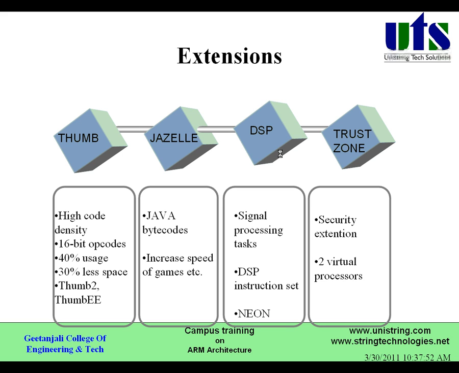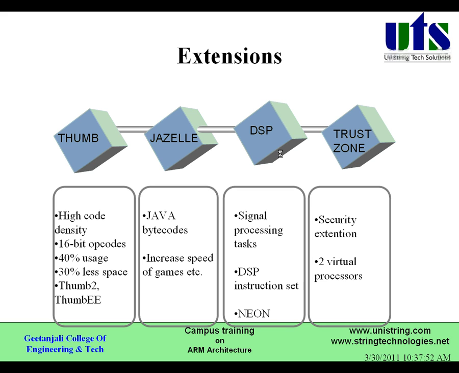So this will take some time. In the case of Thumb, the 32-bit instruction is divided into two parts, 16 and 16. So whenever you are doing a 4-bit operation, only 16 bits will be taken care of, and the other 12 bits are added after that. That is the advantage. This Thumb mode will speed up your execution.